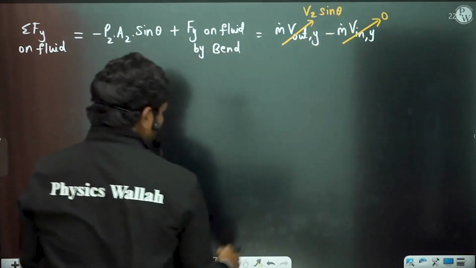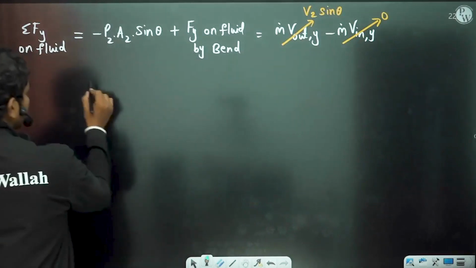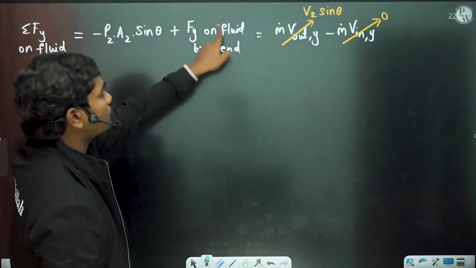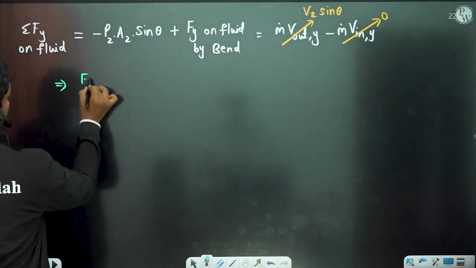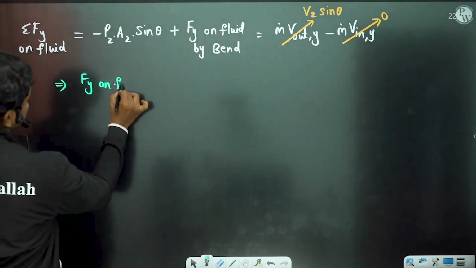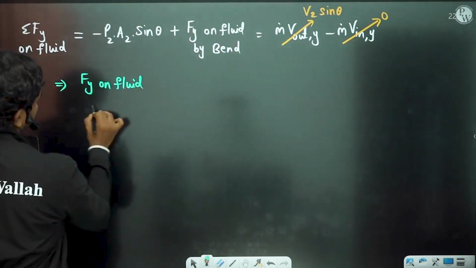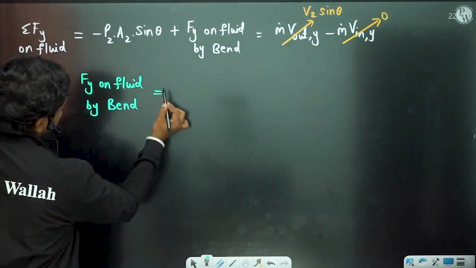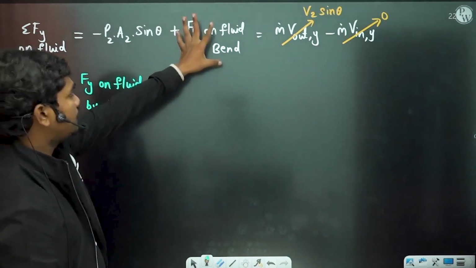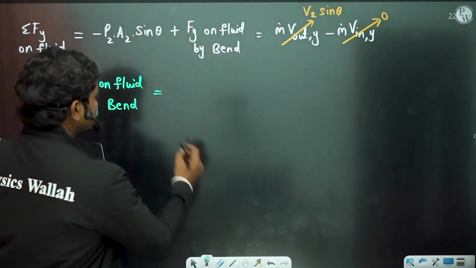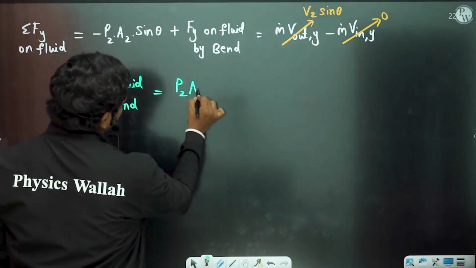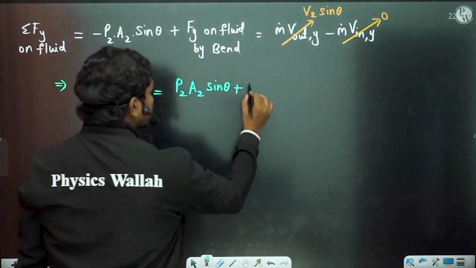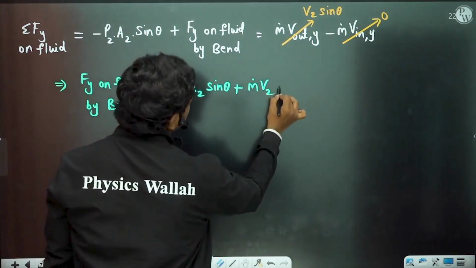So from this equation you can understand that the force acted on fluid by bend in the y direction, Fy on fluid by bend, is equal to, if you shift this term to the right hand side, P2 A2 sin theta plus this m dot V2 sin theta.